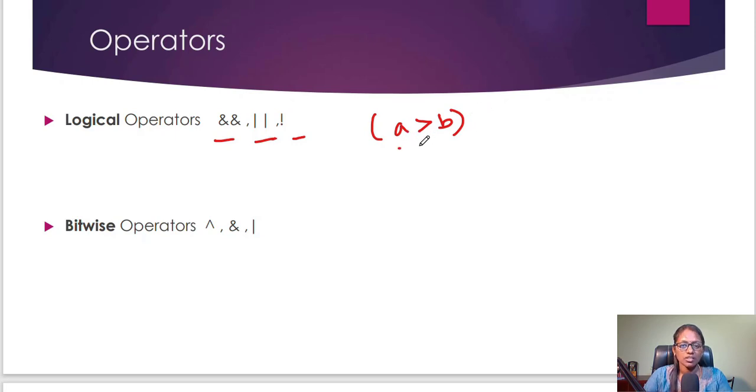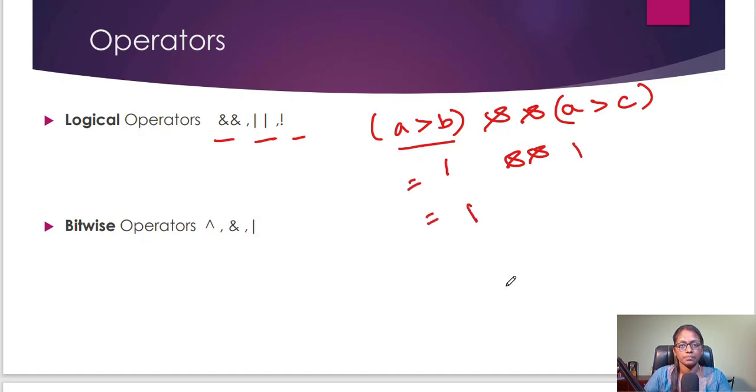The first condition is, I will check A is greater than B, and I will check A is greater than C. If both conditions are true, 1 and 1, then only my answer will be 1. So this is called the AND operator. AND, you know, A, B, A dot B.